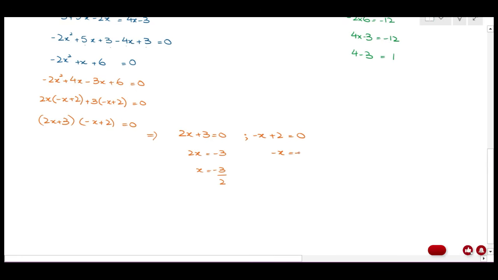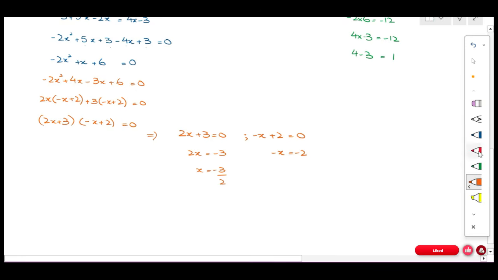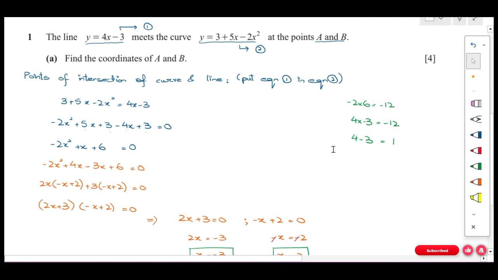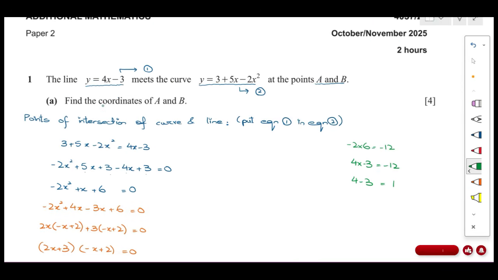Minus x would be equal to minus 2, and you can easily cancel the negative sign, so x should be equal to 2. So here you can say these are the two x coordinates of A and B, the points of intersection of the curve and the line. But we need to solve for the y coordinate as well, because the question says find the coordinates of the points A and B.